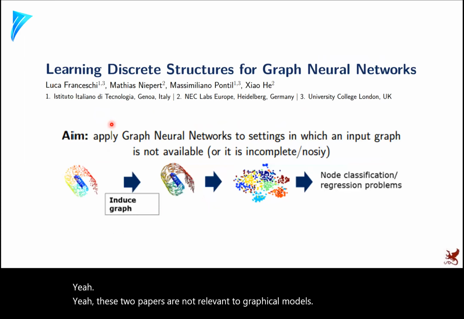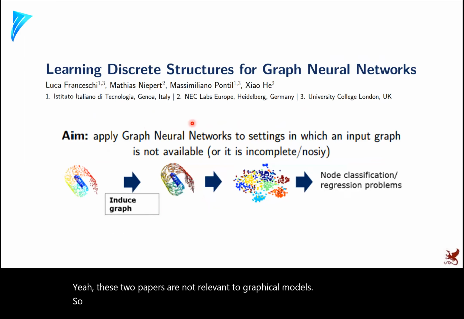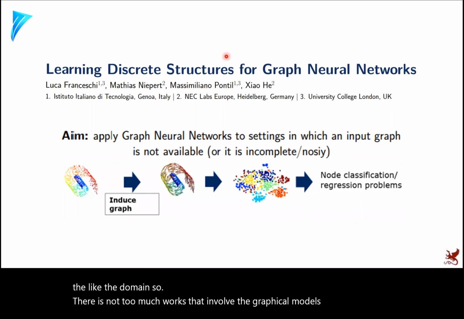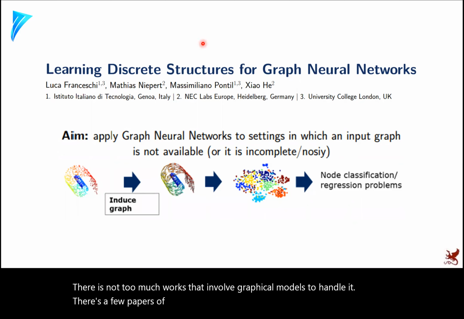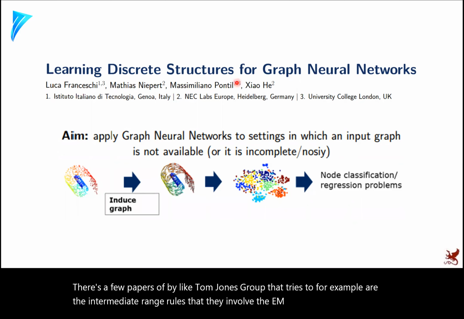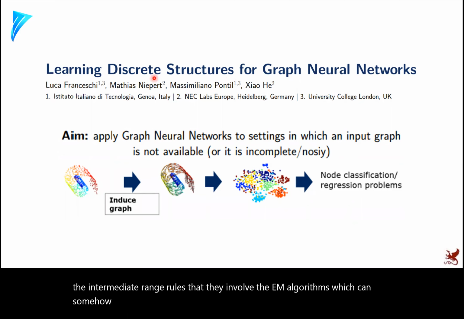So currently there are not too many papers in the graph structure learning domain, and not too many works that involve graphical models to handle it. There are a few papers by Tang's group that try to, for example, learn the intermediate chain rules, and they involve EM algorithms, which can somehow be considered as probability modeling.